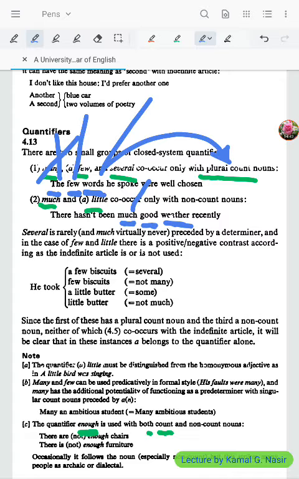Where is the determiner? You can say, for example, there. Okay, it is a determiner. There hasn't been much good weather. Or it is absent. Anyway, weather here is an uncount noun. Okay?